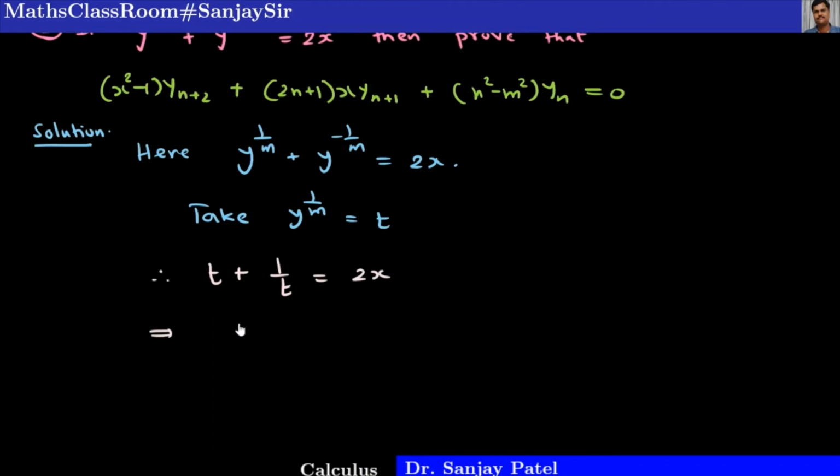And let us simplify this. So we'll get t square plus 1 is equal to 2xt. You can multiply both the sides by t, so we'll get this. Now taking this 2xt on the left hand side, we can rewrite this as t square minus 2xt plus 1 is equal to 0.